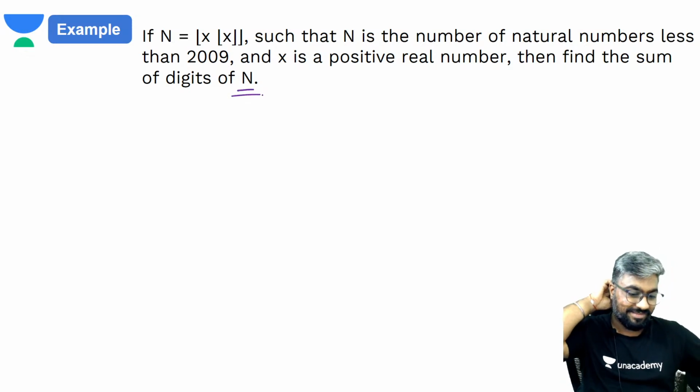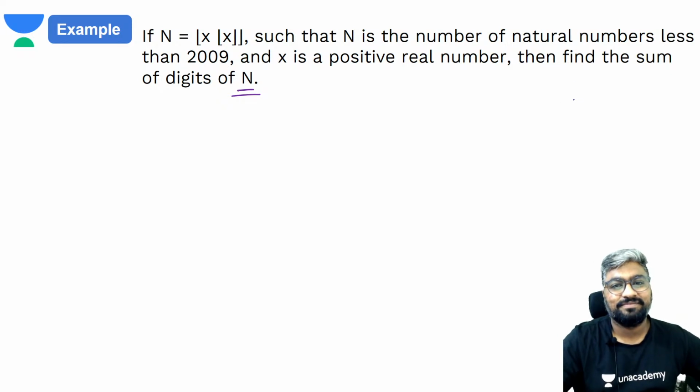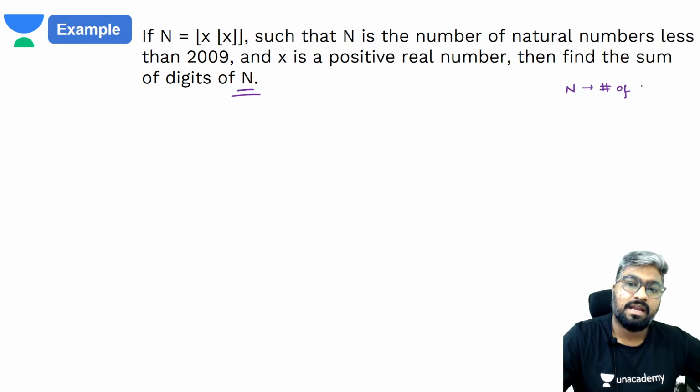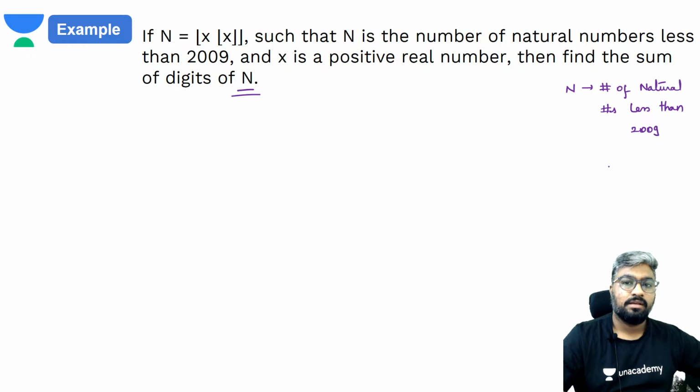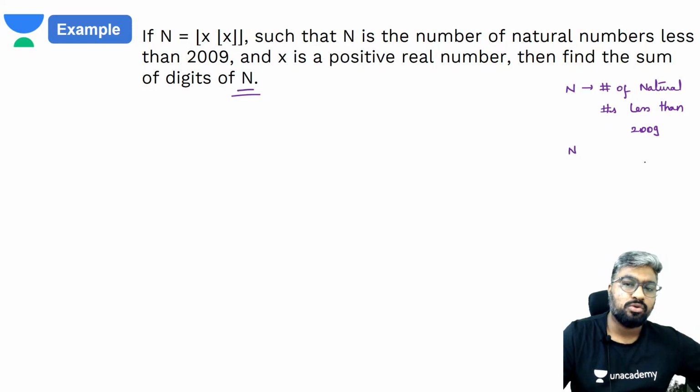Yes. तो n क्या है? n is nothing but number of natural numbers that are less than 2009, है ना. तो n क्या हो सकता है? How many natural numbers are less than 2009?